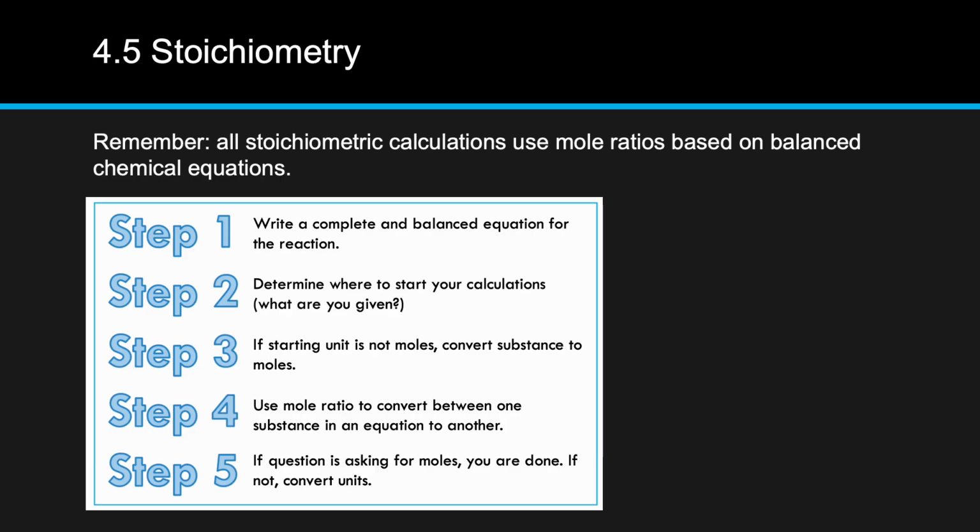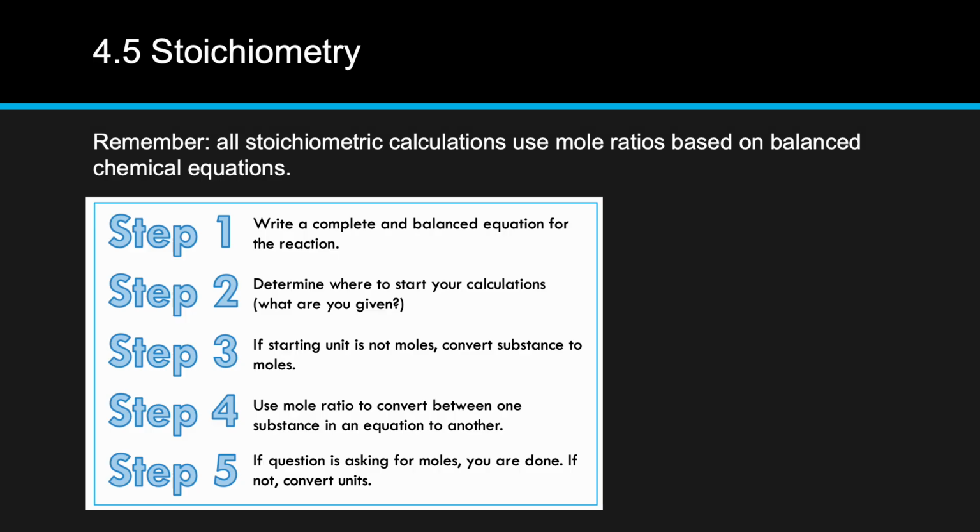Remember, all stoichiometric calculations use mole ratios based on balanced chemical equations. So your very first step is to make sure that you have a complete and balanced chemical equation every single time. After that, you need to identify what you were given to start your calculations. So for example, if you are given grams of a reactant, you then need to convert grams into moles.